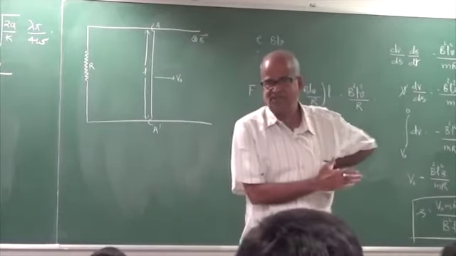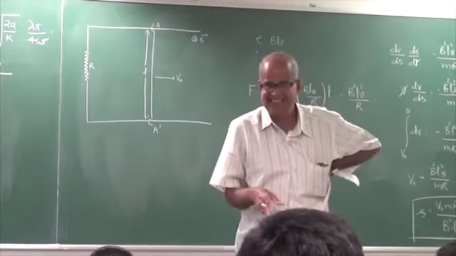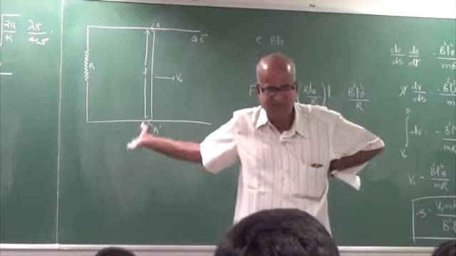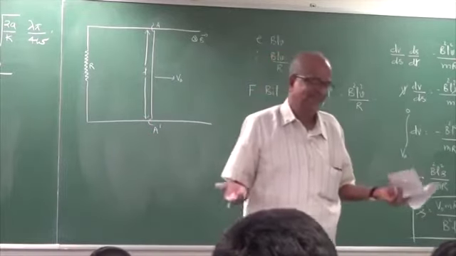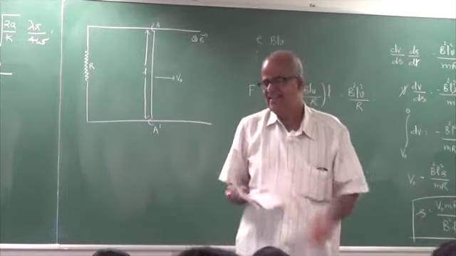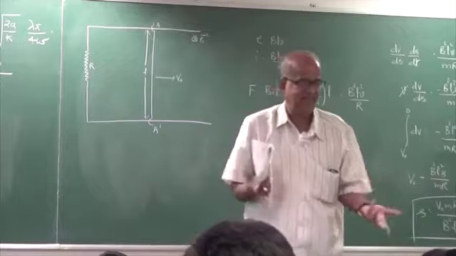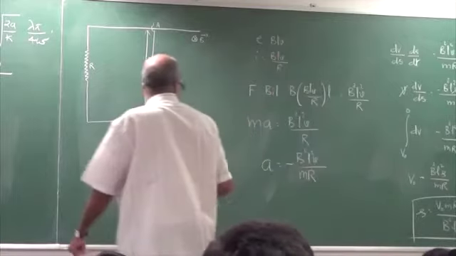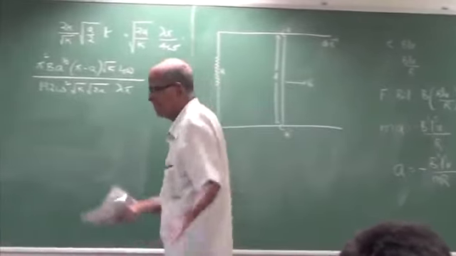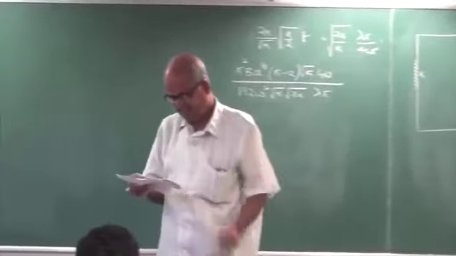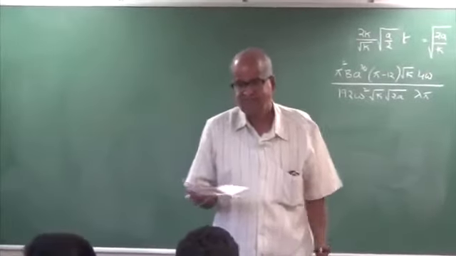Finally it has been brought to rest because it has been losing energy, and this energy has appeared in the form of heat. So the heat energy that appears is simply half m v0 squared. If you want, you can substitute for v0 from that formula. Clear? Next.